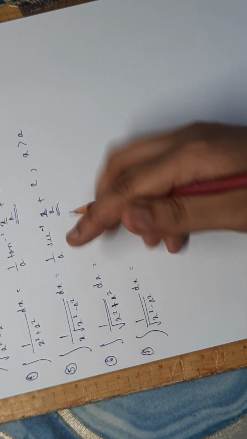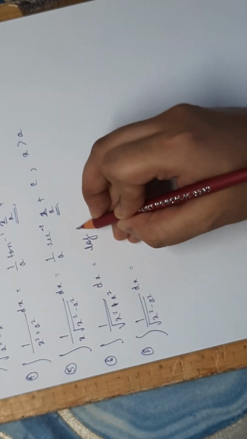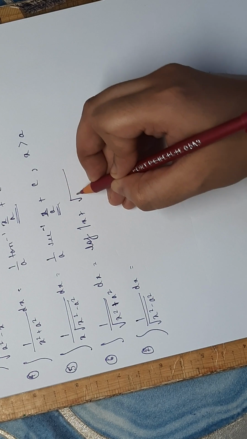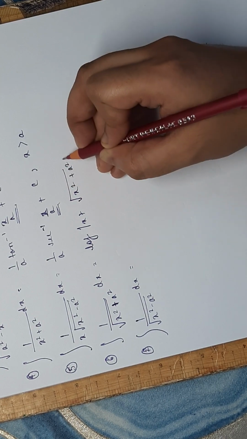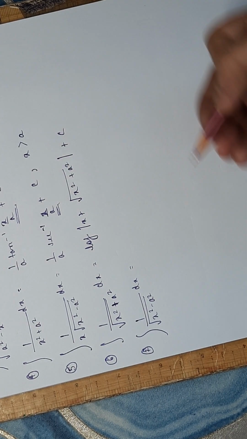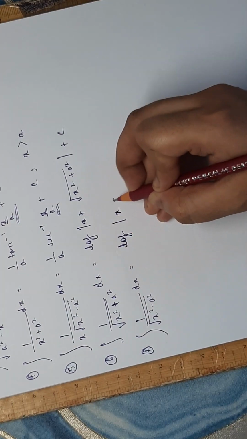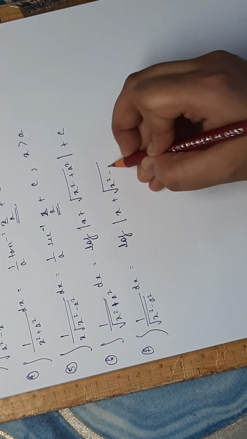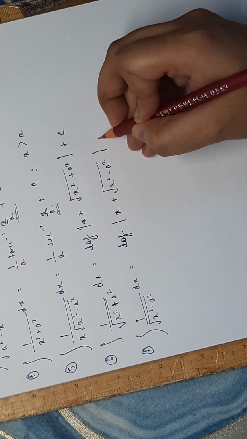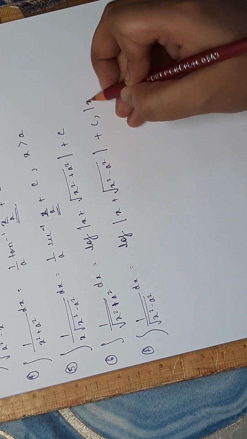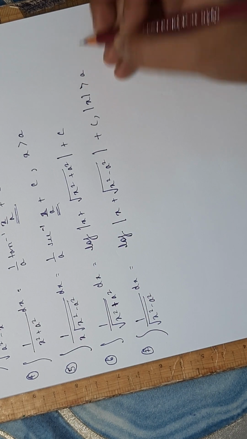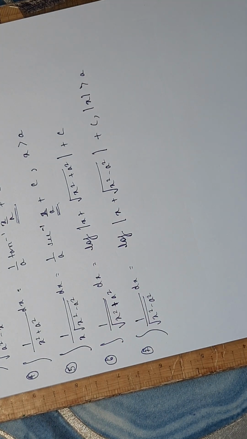We will be having log of mod of x plus root over of x square plus a square, mod closed, plus c. And here we will be having log of mod x plus root over of x square minus a square plus c, and here we will be having a specific condition, mod x is greater than a.